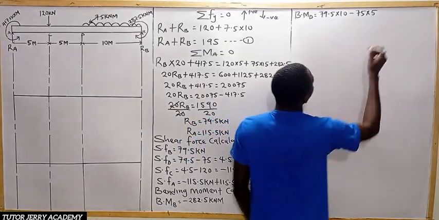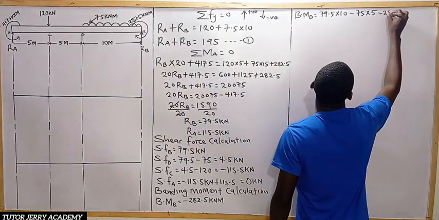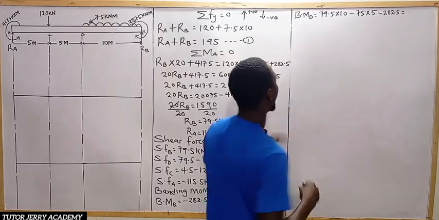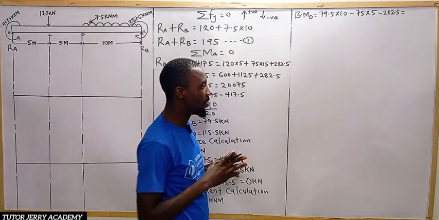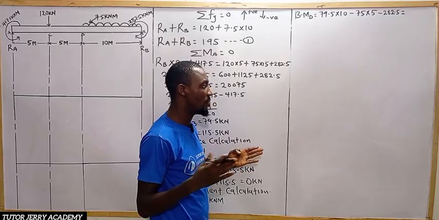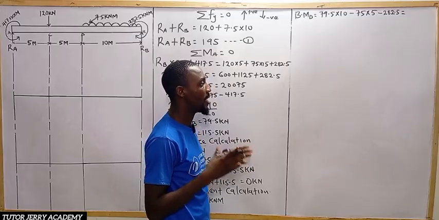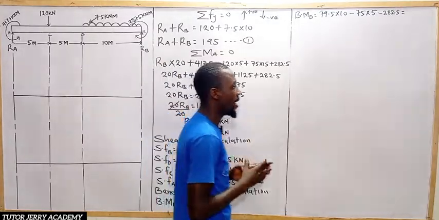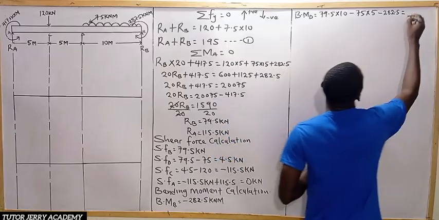Negative. So we are going to have minus 282.5, which is going to give us, if we do this math, our bending moment at point D to be equal to nothing but 137.5 kilonewton.